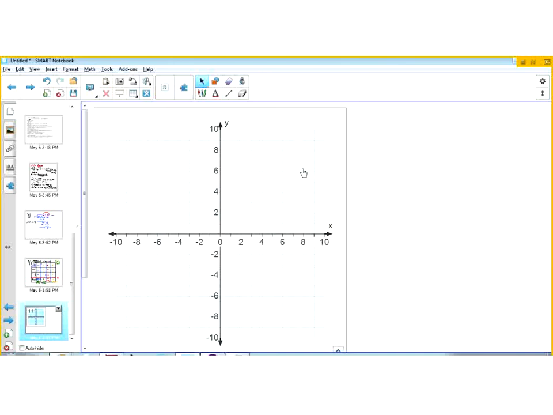Okay, so let me establish the grid. What we're graphing now is, oops, yellow's kind of hard to see, is it? Let me try a different color.